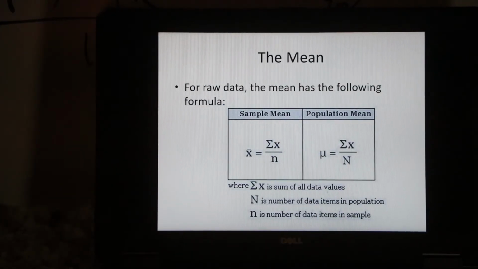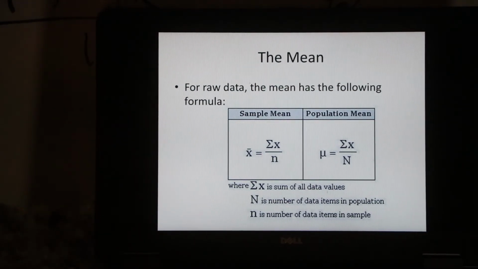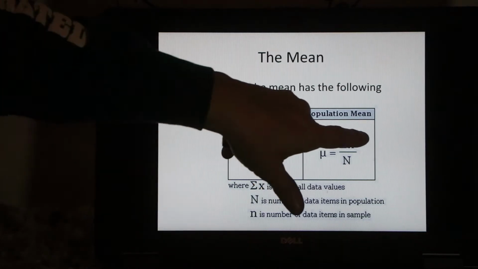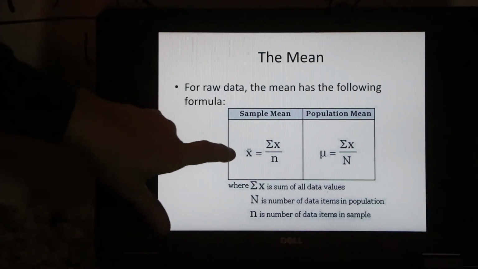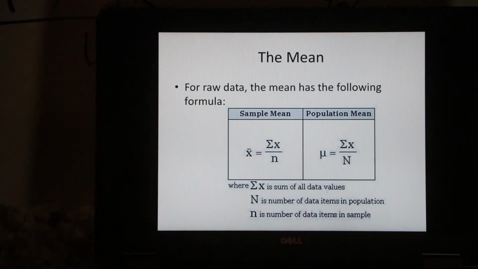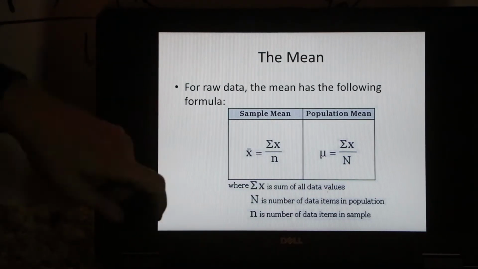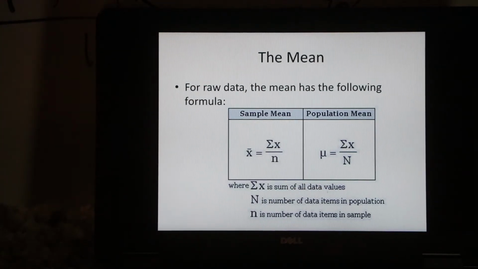Okay, and don't let these formulas scare you, but they're very straightforward, and they're exactly the same. The only difference is this is the X bar, this is the mu symbol, but they're the same formula. Oh, and this is a big N and this is a little n. The big N means it's a population.